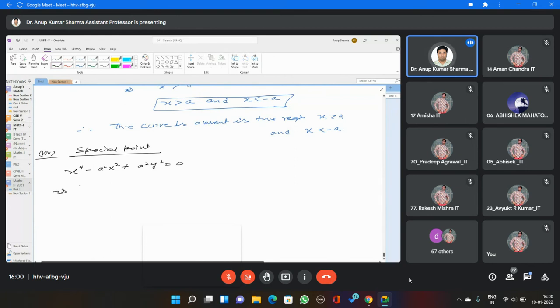Now we differentiate with respect to x: 4x cube minus 2a square x plus a square 2y dy by dx is equal to 0. So dy by dx is equal to (2a square x minus 4x cube) upon 2a square y.